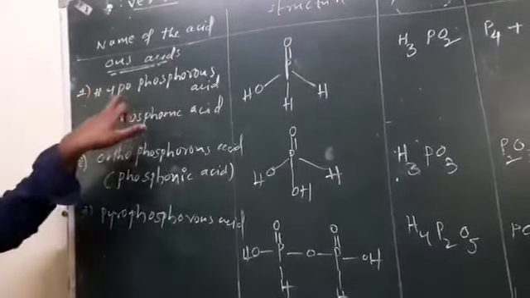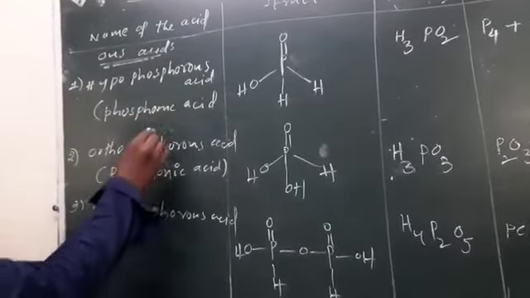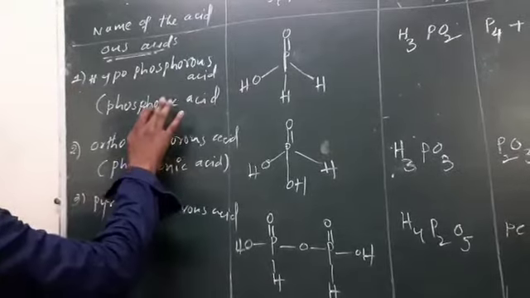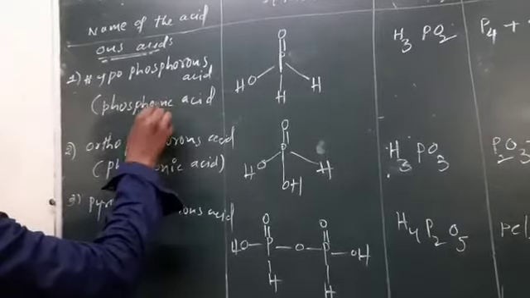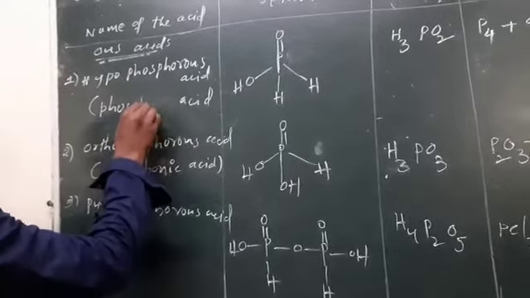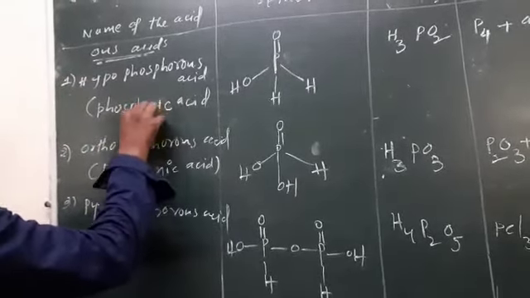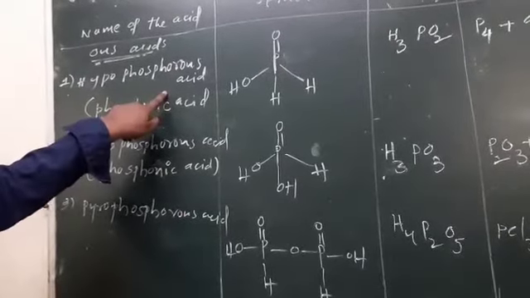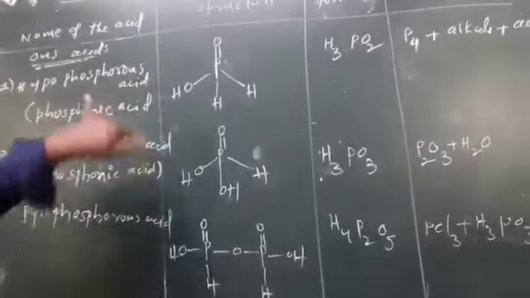Hypophosphorus acid, also called phosphonic or phosphinic acid.